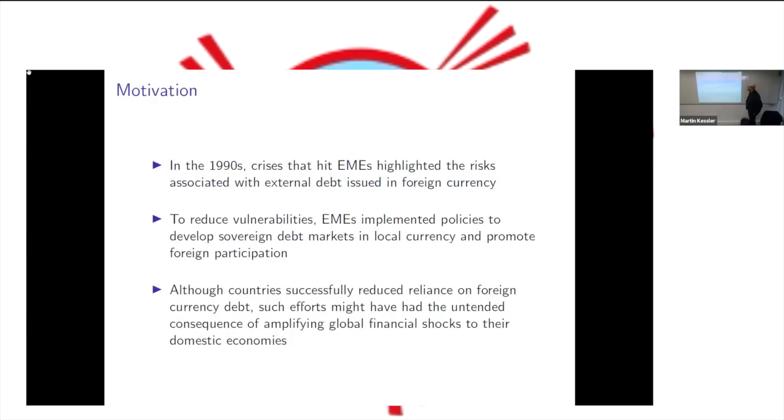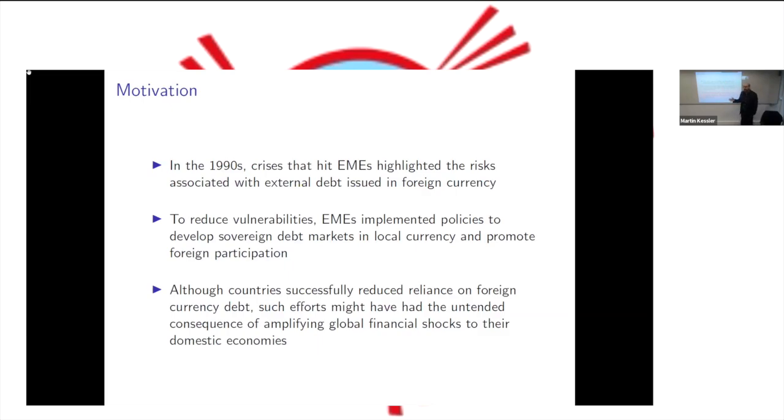To motivate a little bit, the question comes from developments over the last three decades in international finance, and I don't have to preach to the choir. We all know that in the 1990s, there were crises that hit emerging market economies and highlighted the risks associated with borrowing externally in foreign currency.